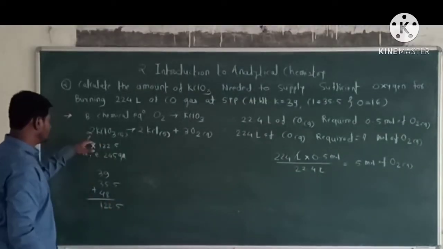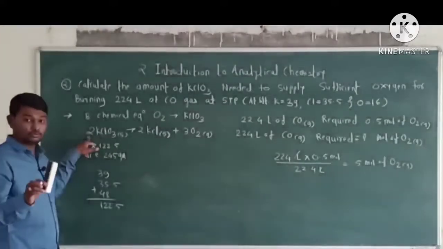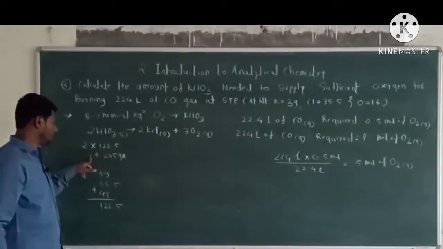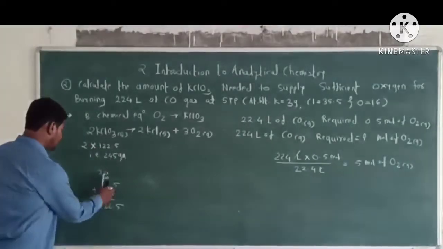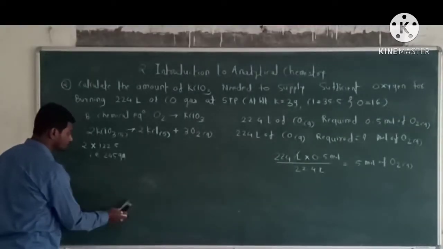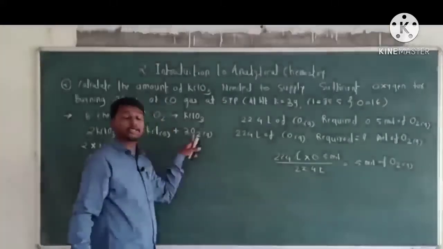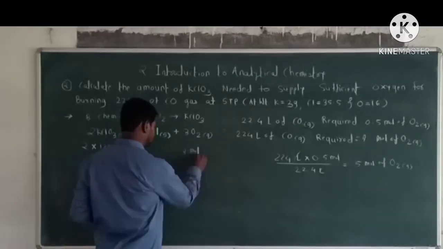Okay, now here the number of moles of KClO3 is 2, that is 2 into 122.5, so the final answer is 245 grams. Here the moles of gaseous oxygen is 3 moles.